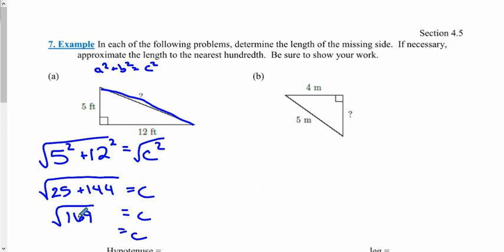If you need to do that on your calculator, you can, but that is a nice one. It's actually just 13. You could check this out by saying 13 times 13, right? And you get 169. So that's how we know we did it right. So this side length here comes out to be 13 feet. Okay?